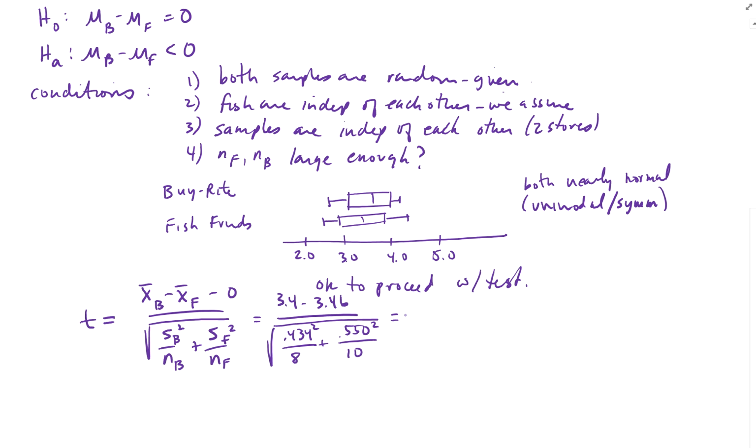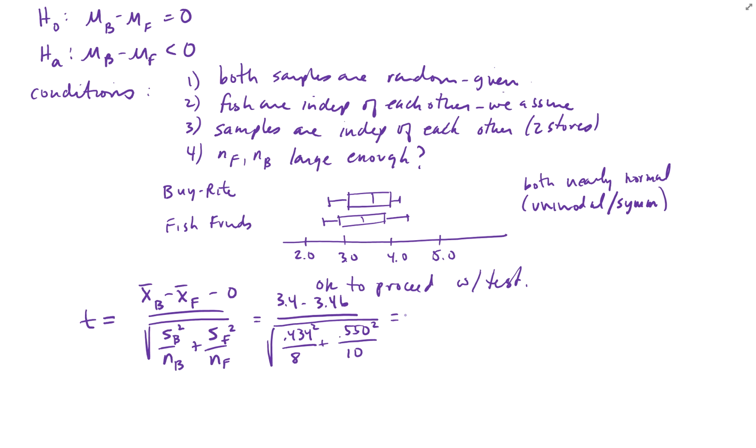Okay, and then I'm going to go ahead and do the test on my calculator. Stat test, 2 sample t test, stats. x1 bar was 3.4, standard deviation 0.434, and n1 is 8. x2 bar is 3.46, standard deviation 0.550, sorry, I'm a little bit tired, it's a little bit late, no excuse, but I am.